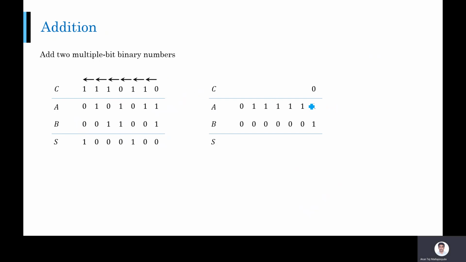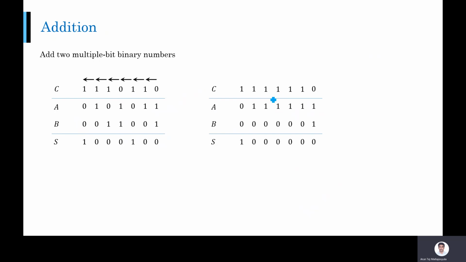Let us look at one more example. A is 0, 1, 1, 1, 1, 1, and B is 0, 0, 0, 0, 0, 1. So what is the addition? Again, 1 plus 1 is 0. Oh, sorry, 1, 0. So 0 is sum and 1 is carry. 1 plus 1 is again 0 sum 1 carry. Again 1 plus 1, 0 sum 1 carry. 0 sum 1 carry.